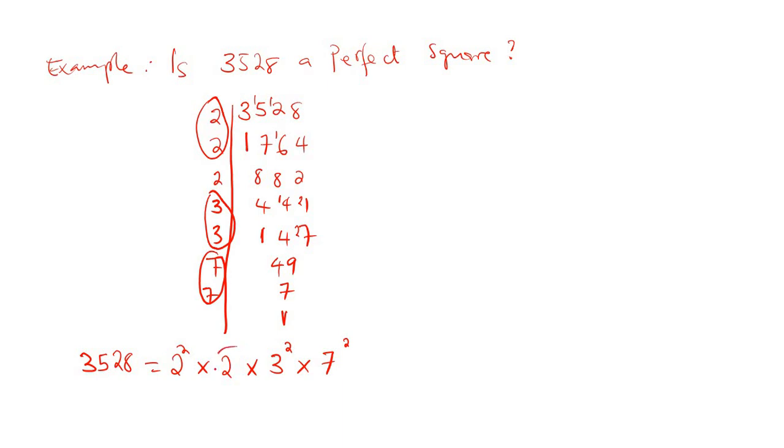Since we have one that is not squared, because this is not paired with any, we can now say that this number is not a square number. So it's not a perfect square.